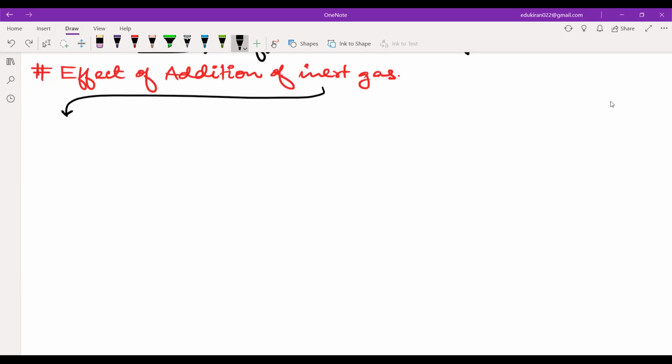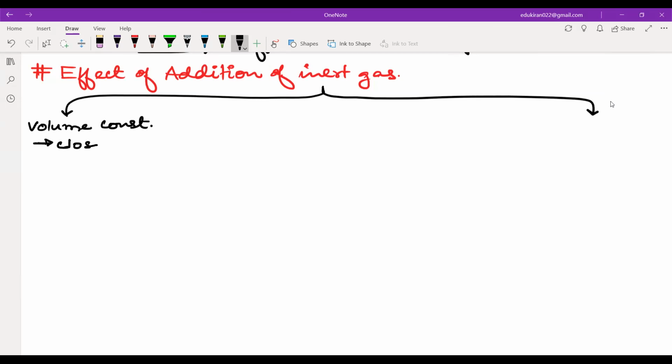So it can do two things depending on the condition that we are providing. If I keep the volume constant, the reaction is happening in a closed vessel. So the word that you are looking for here is closed vessel. If I'm adding inert gas in a closed vessel, then what will be the change? So you will take the case of volume constant.